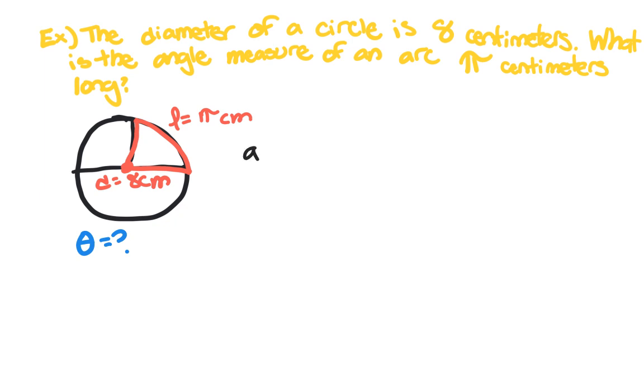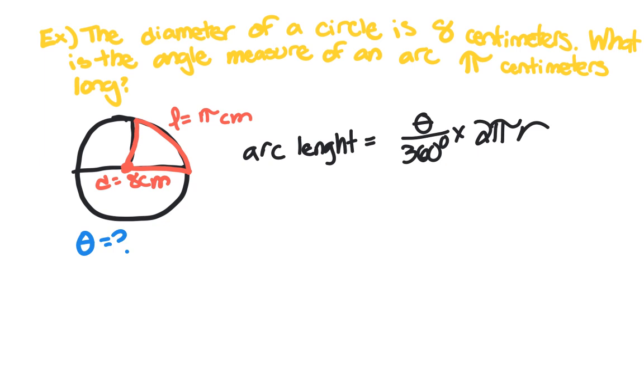So we're just going to plug in. I'm going to rewrite our formula. Arc length equals theta over 360 degrees times 2 pi r. So we also know our diameter is 8 centimeters. So that means then our radius is half of that, so 4 centimeters.